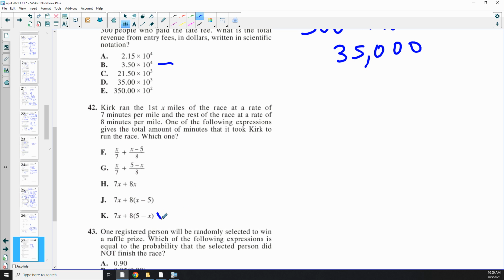Right here. So he ran the first X miles at 7, which means he's going to have to run the rest of the 5. That's 5 minus X at 8. Match up K for the total.